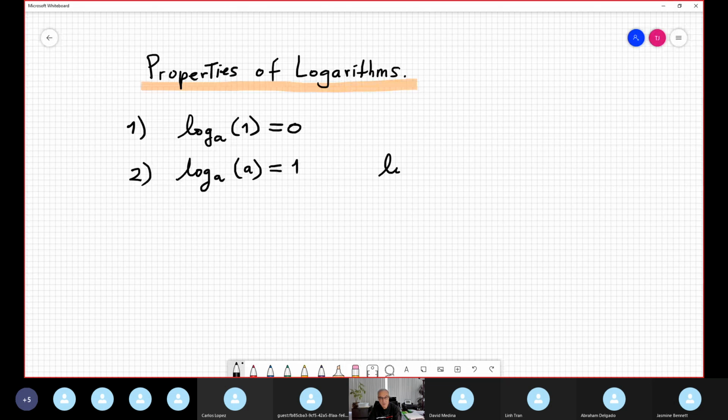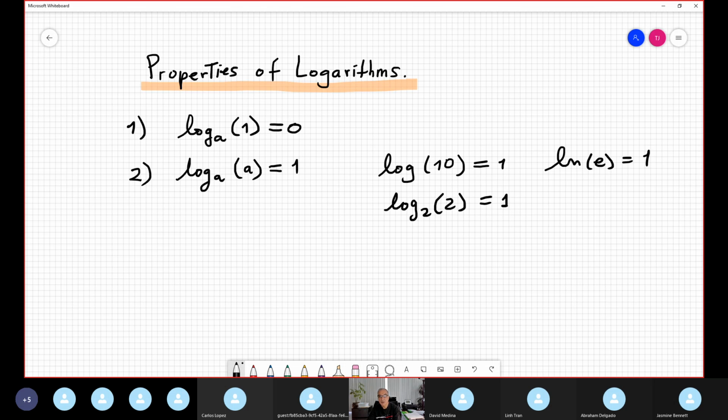Example, log of 10 is 1. ln of e is 1. Log base 2 of 2 is 1. And so on. Log base 5 of 5, when there is a perfect coincidence between the number inside the argument and the base, the answer is 1. Good.